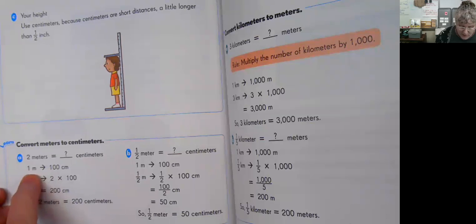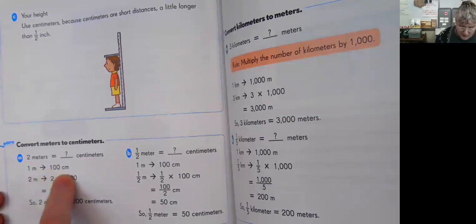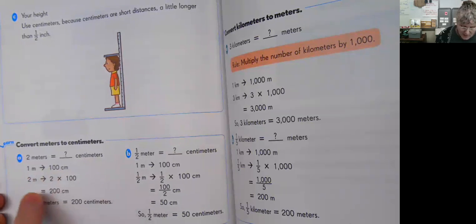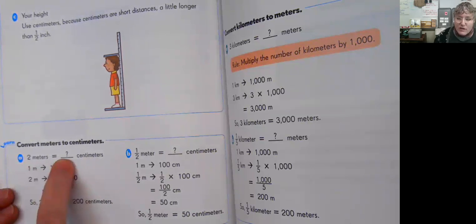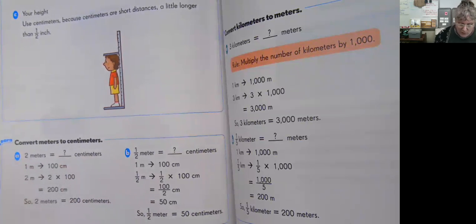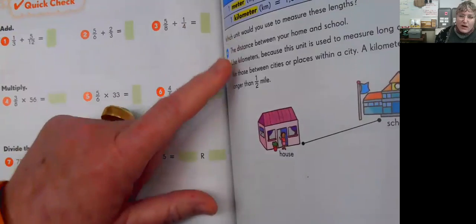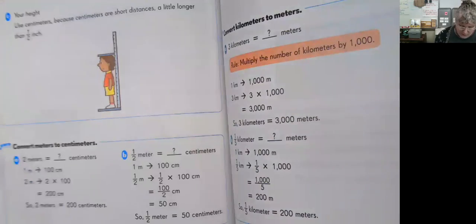This is in the blue box: 1 meter equals 100 centimeters. 2 meters equals 2 times 100. So the answer is 200 centimeters. 2 meters equals 200 centimeters. So the information in the blue box is going to help you.